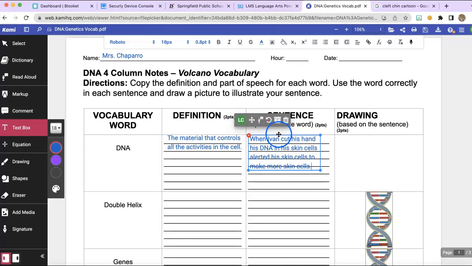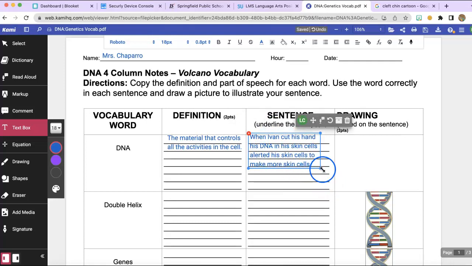Period. I'm going to try to bring this up so it's more on the line. And there it is. When Ivan cut his hand, his DNA in his skin cells alerted his skin cells to make more skin cells. Sounds funny, but it's true.